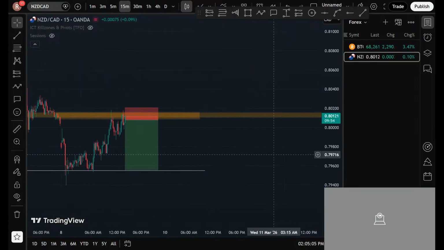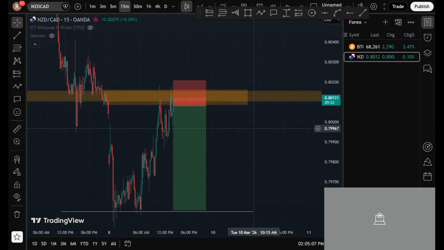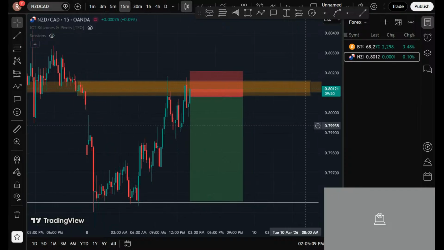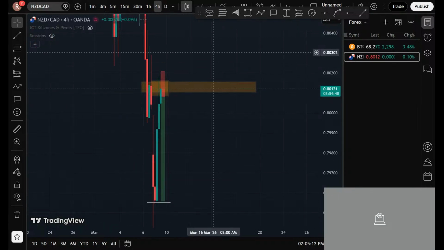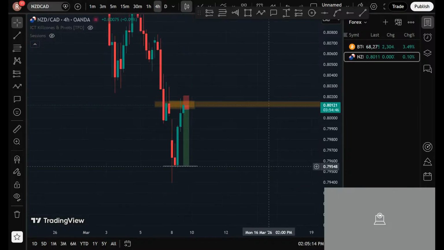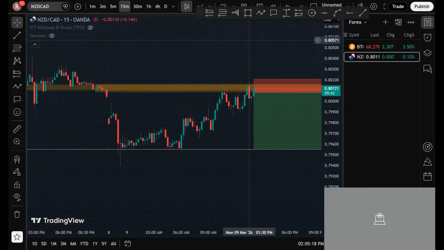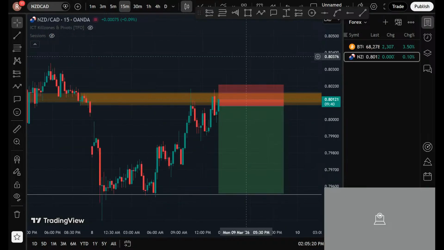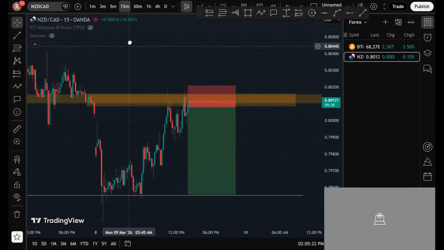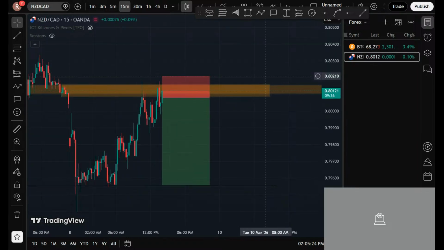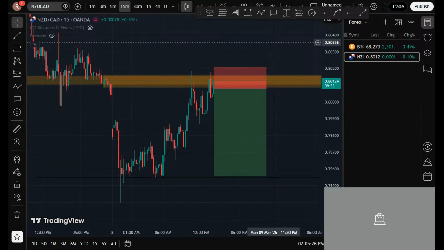So guys, I don't think I took a good decision over this because I'm having kind of doubt over this. I don't know why, but I'm just having doubt on this trade. Still, I just took the decision. It's up to the market. Ah, I know why I took this decision.